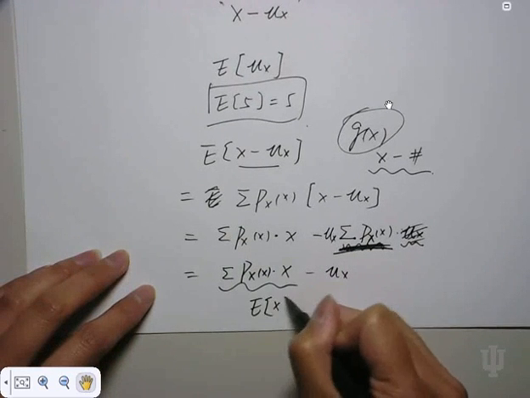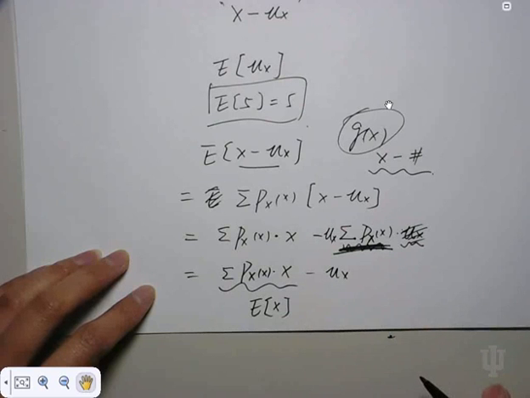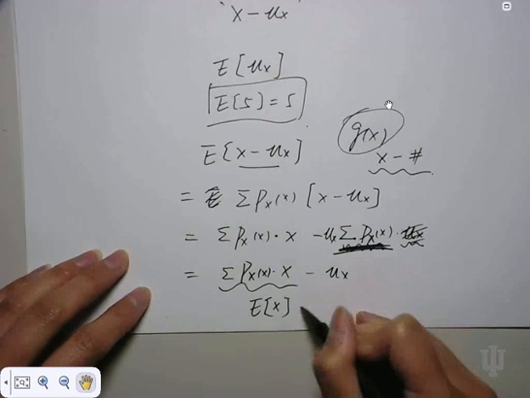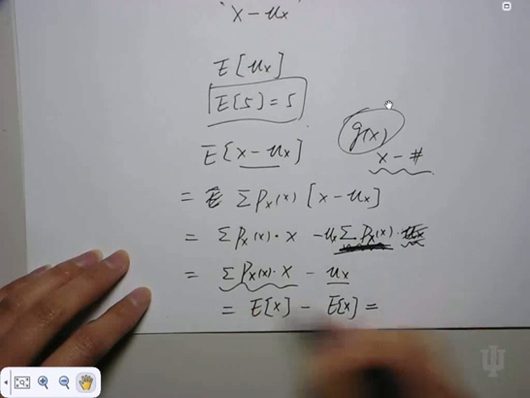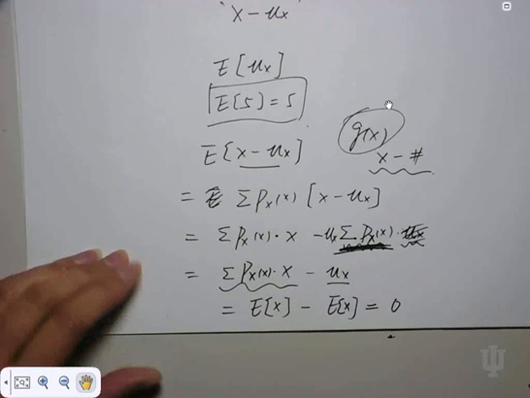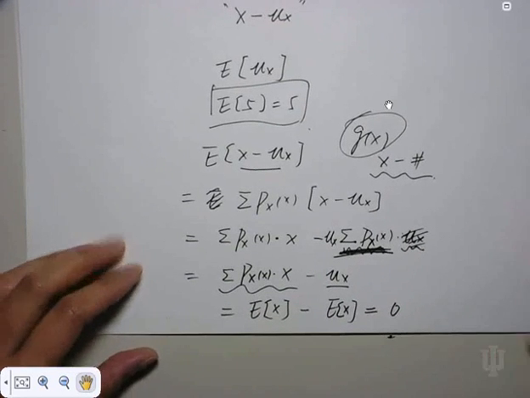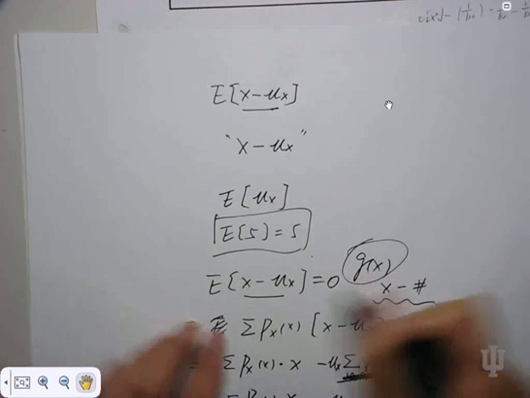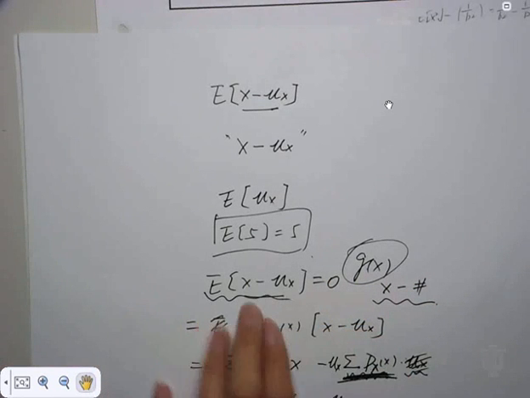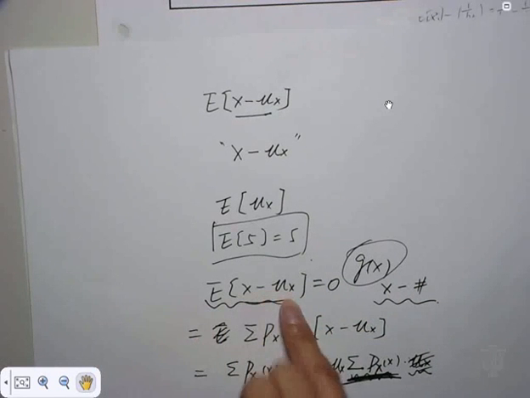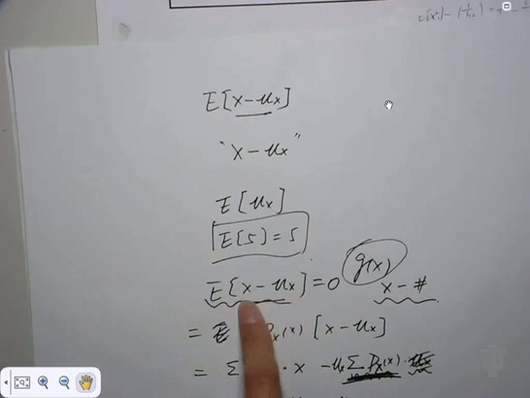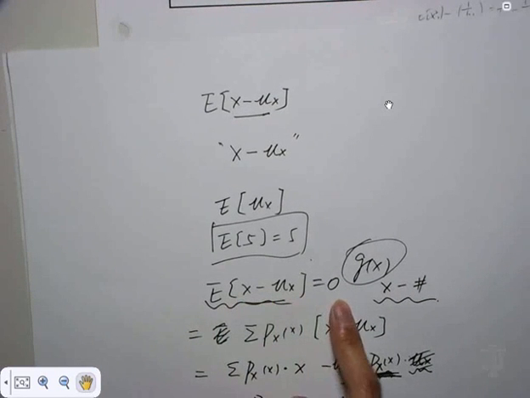That's the expectation of x. So cancel everything. The expected value of x, the random variable, minus the expected value of this random variable is 0, right?